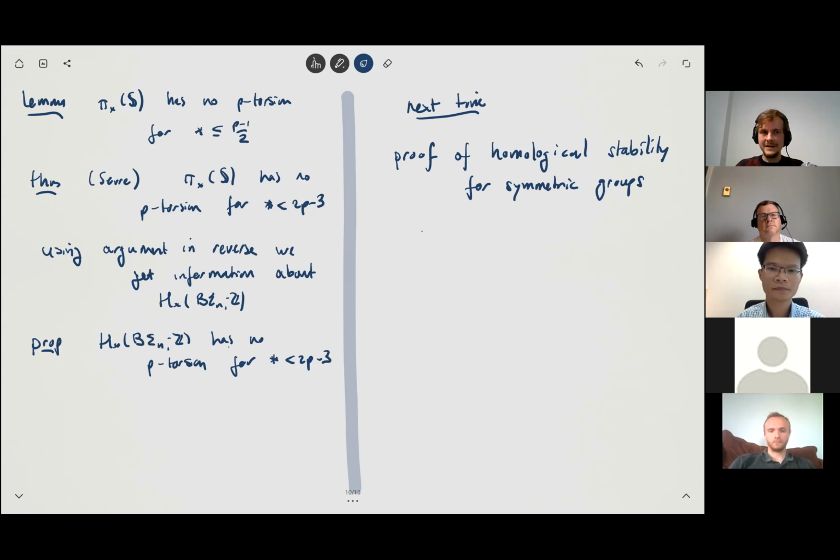So it is a good question to think about, could I do something better if I take different coefficients? What you could also do is allow the symmetric groups to act on the coefficients. And in the third lecture, we'll talk a bit about what happens in that case. There's some coefficient systems where you have to make sense of them for all n and have suitable maps between them. But when you do, there's a certain class of them for which you also have homological stability.